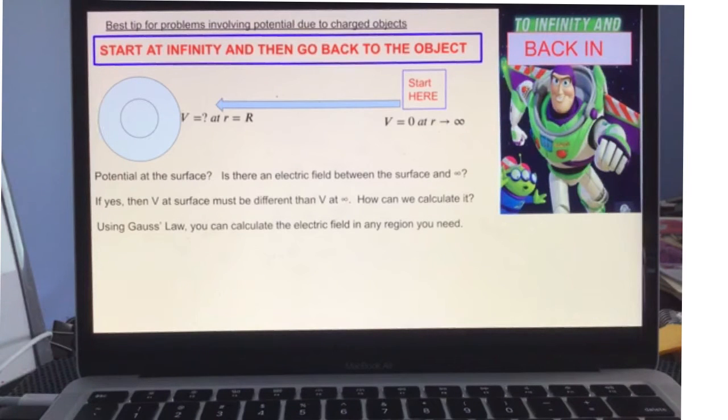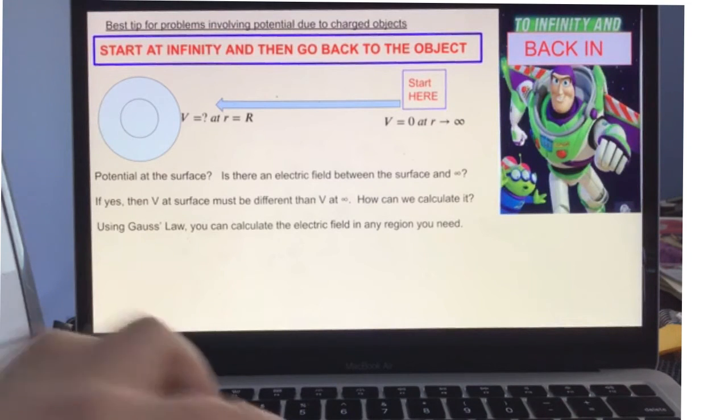Well, you guys know that using Gauss's law, you can calculate the electric field in any region you need. Remember, there were a bunch of different regions we could talk about here. We could talk about R greater than big R, maybe the R in between. Maybe this was actually A and B. But you remember all those Gauss's law problems where you had to calculate the electric field in any of the possible regions.